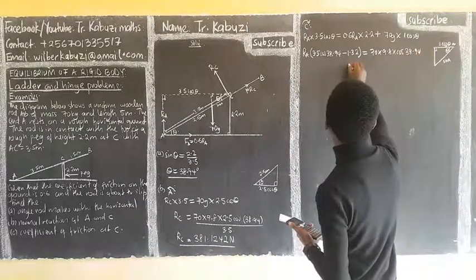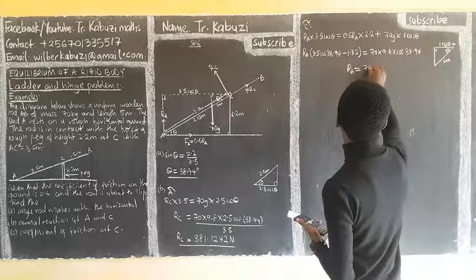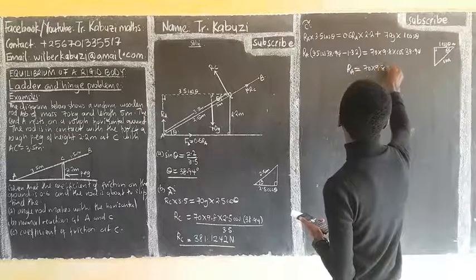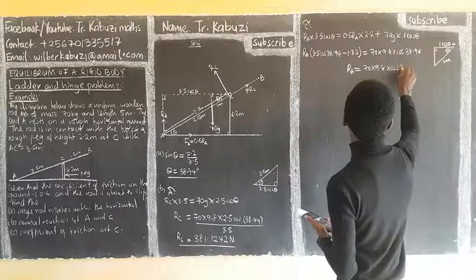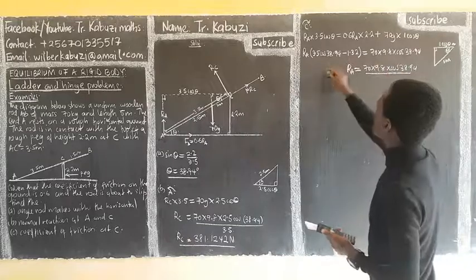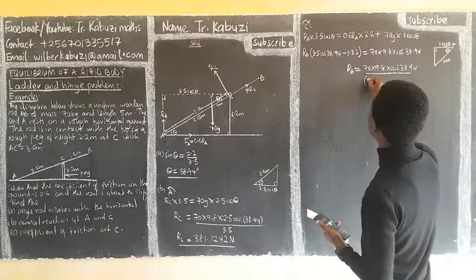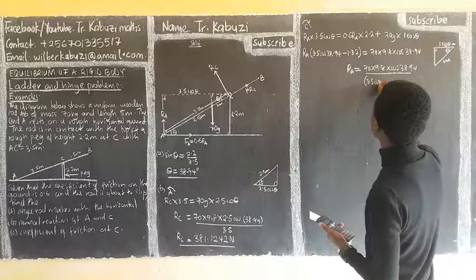If I write that now, my RA is going to be 70 times 9.8 over this one. Okay, let me just put it here once.